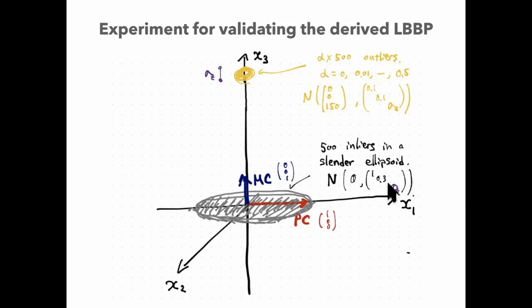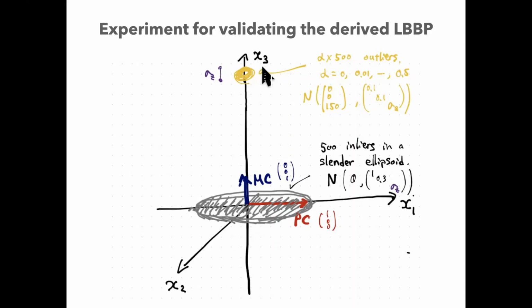So the principal component obtained from this data should be this direction, 1, 0, 0, right? And because sigma z is very small compared to 0.3, the minor component should be 0, 0, 1, in the direction vertical to the x3 axis.